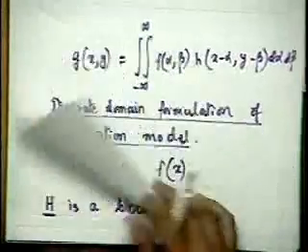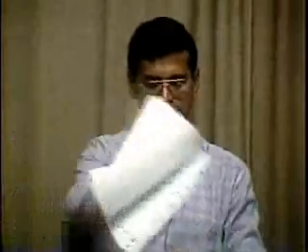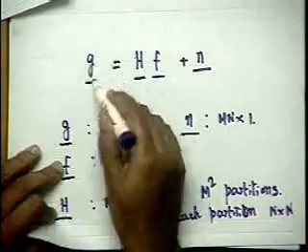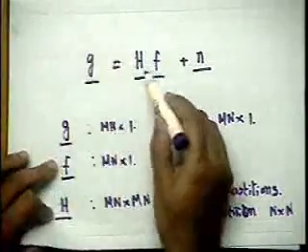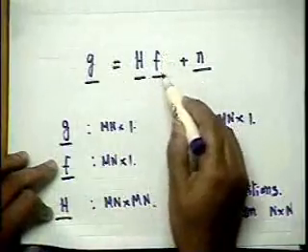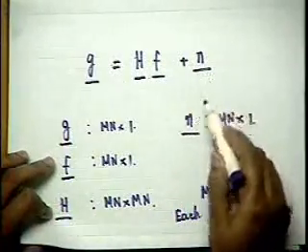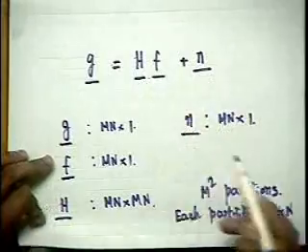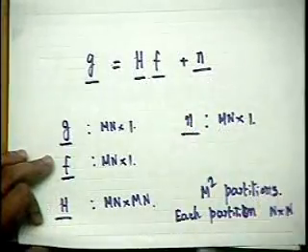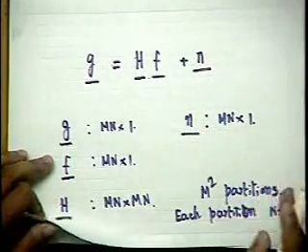And in the discrete domain, we should remember this expression: G, the degraded image, is equal to H multiplied by F plus N, where H is a block circulant matrix. That is exactly what we have done so far.